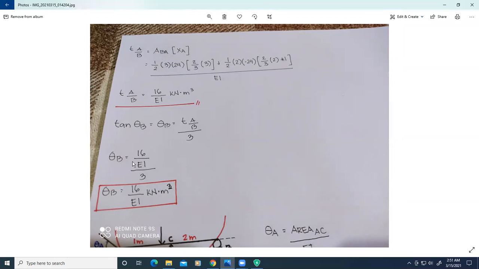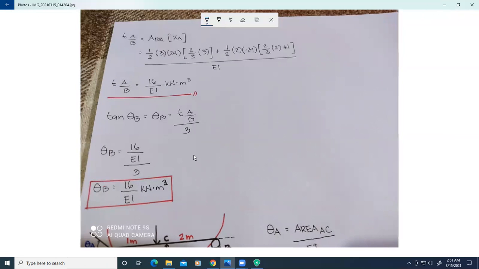So substituting 16 over EI over 3 will give us 16 over 3 EI. There's a mistake here, so I'll just edit it. 16 over 3 EI kilonewton meter squared.